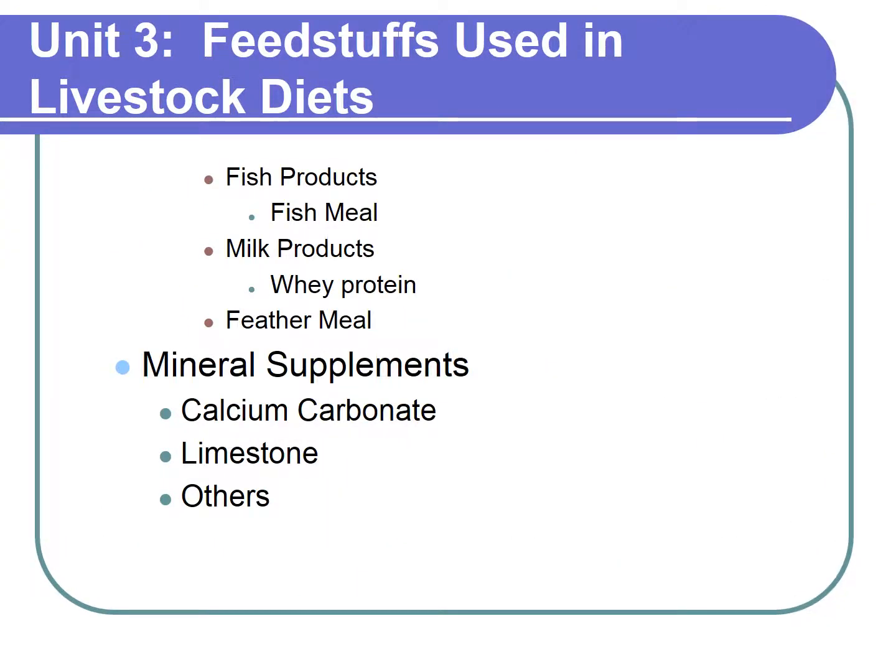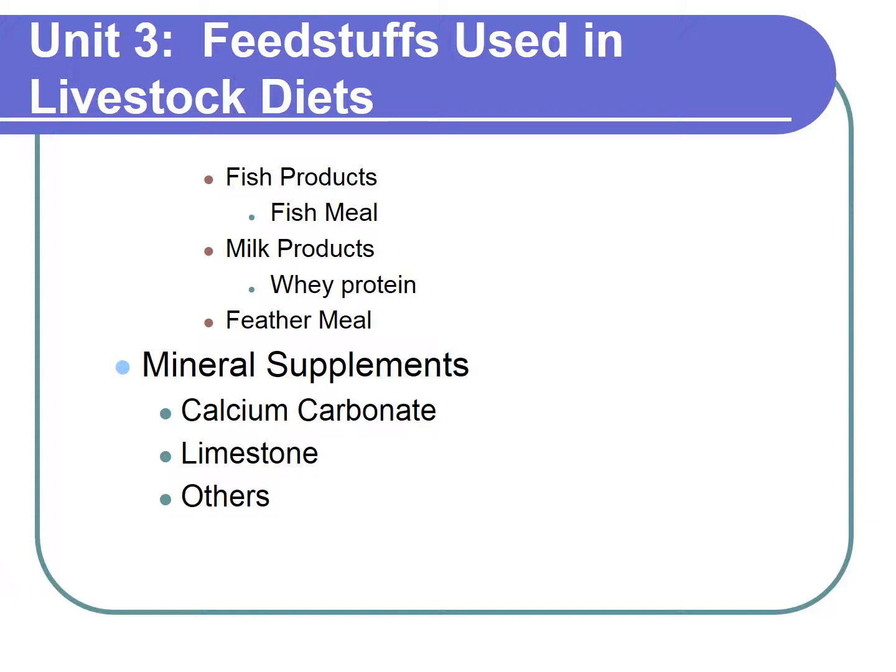Some other things that might fit into that animal protein category, things like fish meal. If you've ever smelled fish meal, it's very distinct, obviously. Or milk products like whey protein is mixed into a lot of your swine baby pig feeds, or even feather meal or a blend of what we call fish and feather meal that's not listed here on the slide. But those would all be protein supplements.